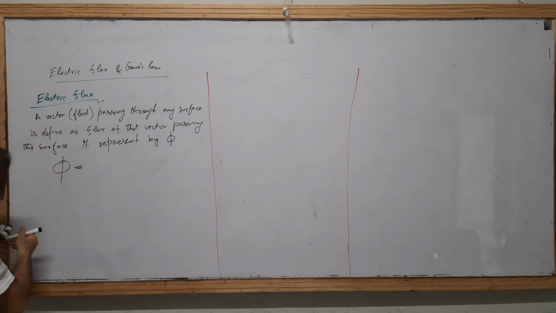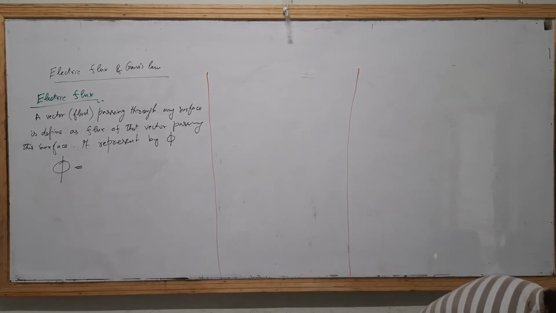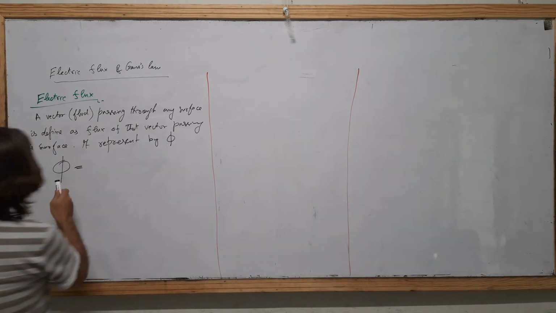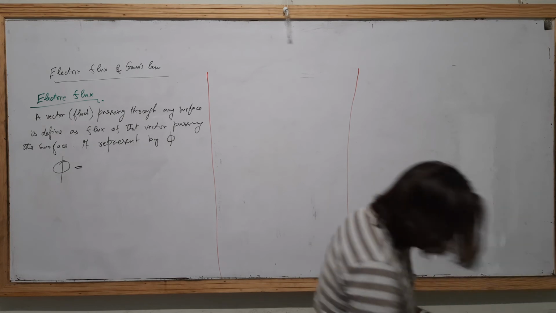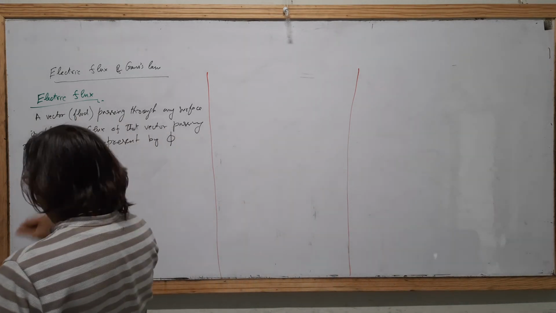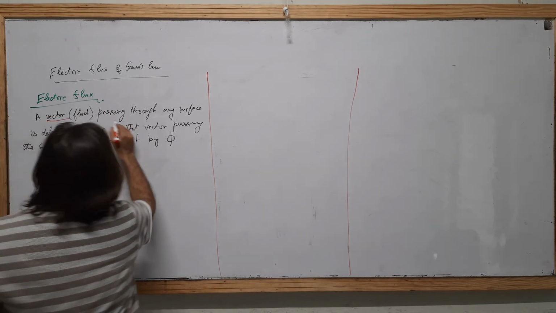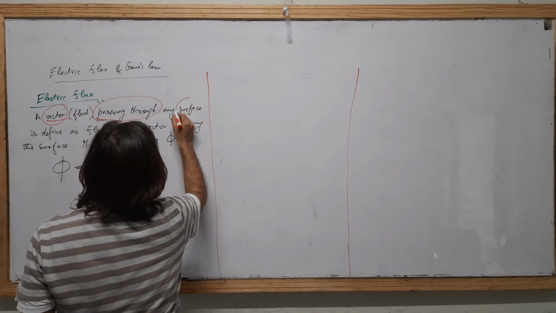A vector. So phi is equal to vector passing through surface.